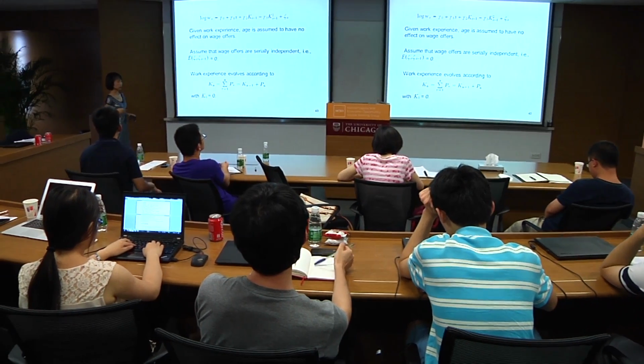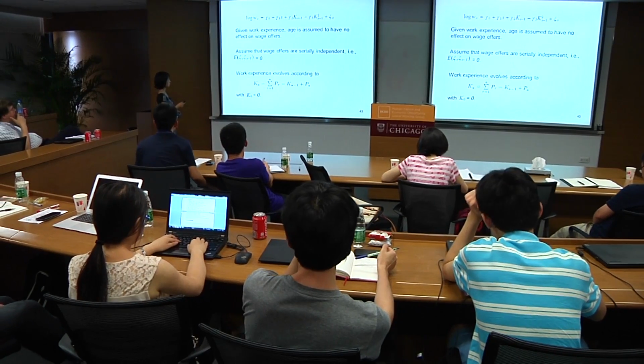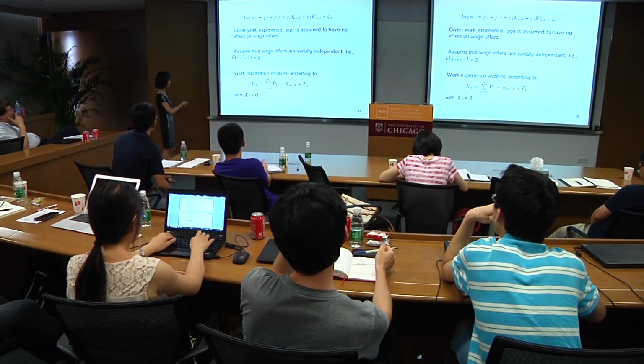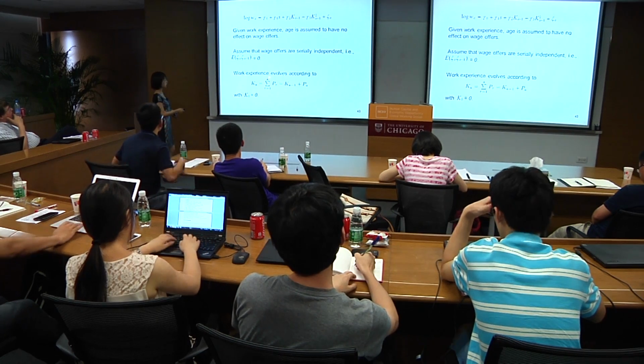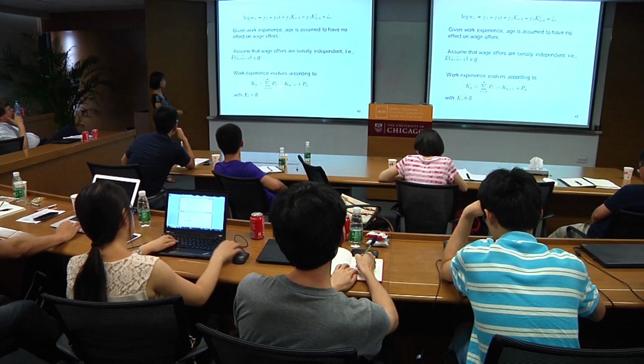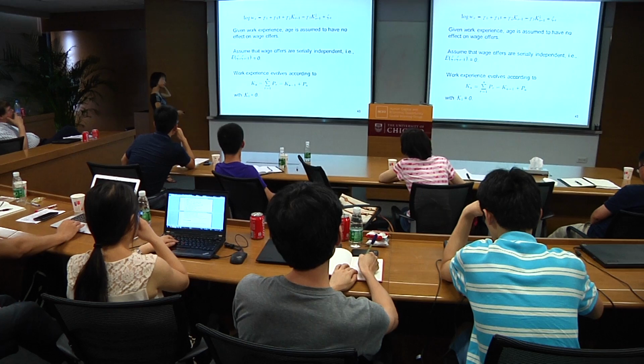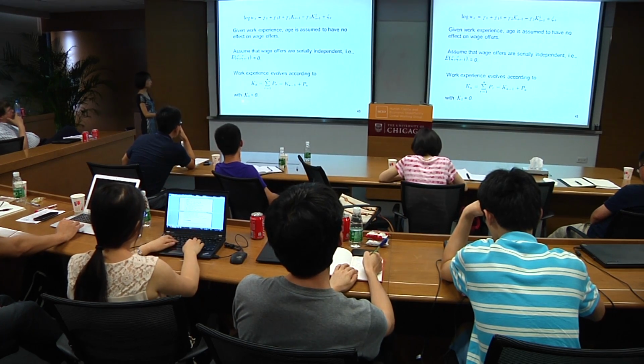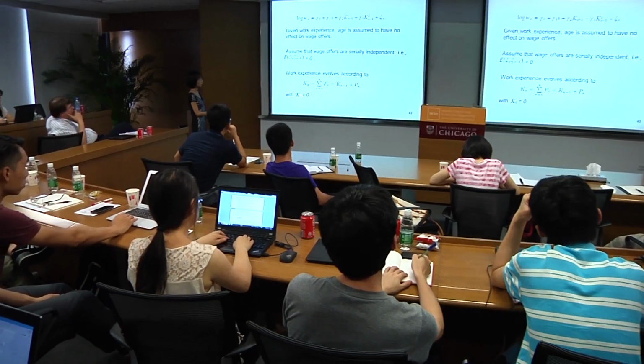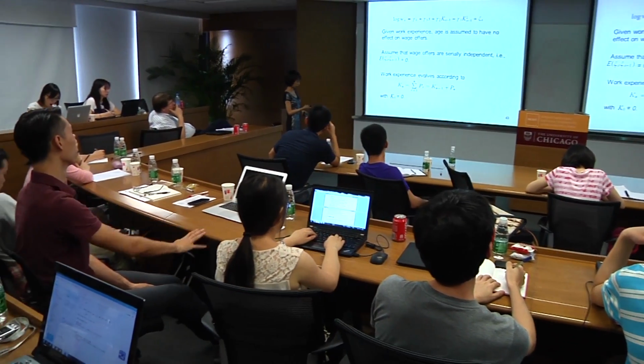Or not the same distribution, totally neutral. Okay, so not necessarily the same. So the wage experience involves just adding up your participation history. And we assume that at age 0, everybody has 0 experience.